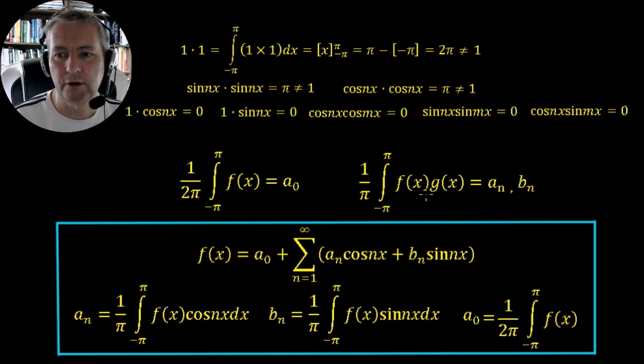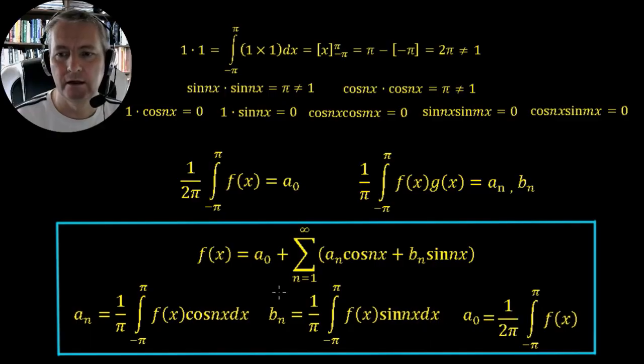Now if we choose a value for our g of x being our cos nx and also secondly our sin nx, then we can work out our value of an, which equals 1 upon pi times the integral from minus pi to pi of f of x cos nx dx, and our bn's will be given by 1 upon pi times the integral from minus pi to pi of f of x sin nx dx.